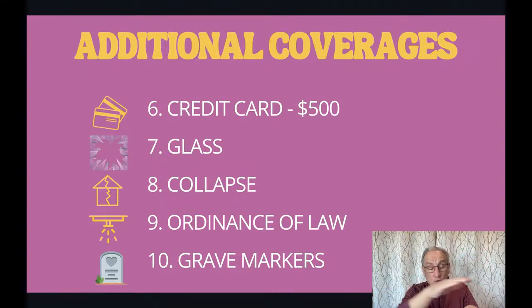The law says you must put a ramp in for wheelchairs or whatever the law is. The insurance company will pay for that because it's the law after a loss. The other one, what's not covered, is if you're told to do something and you don't do it, the insurance company doesn't have to pay the whole claim. So yes, ordinance of law is excluded and it's covered, depending on how you describe it.